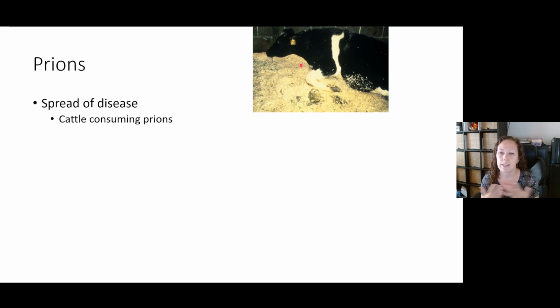So in the late 1980s, they realized what was going on. The UK then started banning ruminant protein being fed back to ruminants. In the mid 1990s, they started banning the feeding of all mammalian meat and bone meal to animals, as well as its use in farm fertilizer.